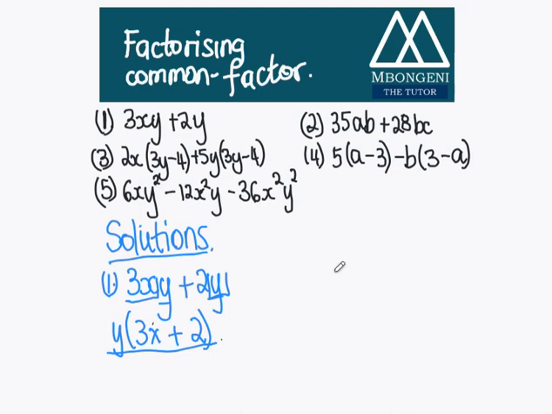And then let's have a look at number 2. Number 2, we have 35ab plus 28bc. As you can see here, with the letters, we can see that there's a b common, but with the numbers 35 and 28, at first glance, there's nothing common there.